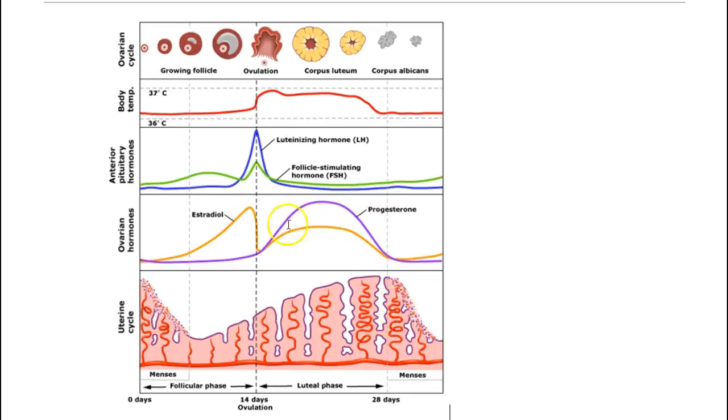Now, where are these coming from? Remember the corpus luteum, the structure that results once ovulation occurs. It's maturing and growing, and it's still there. In fact, once the egg is released, that's where estrogen and progesterone are being secreted from, the corpus luteum.